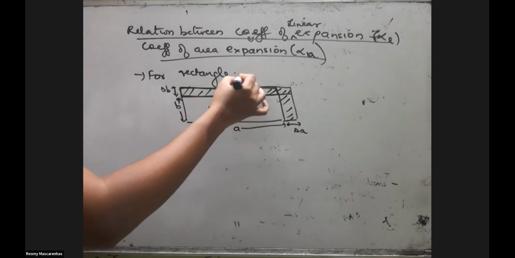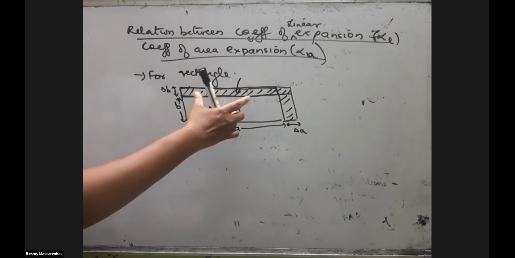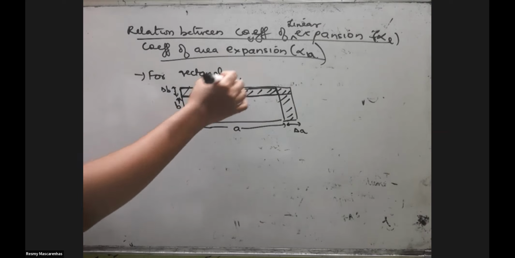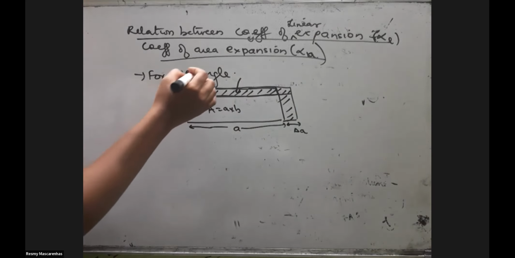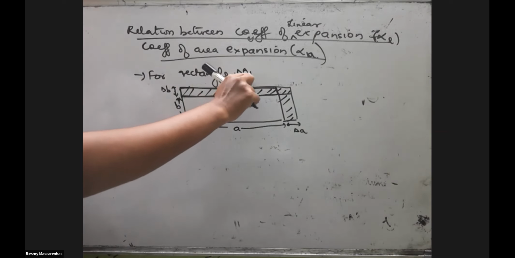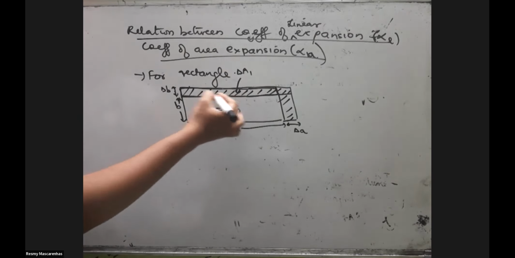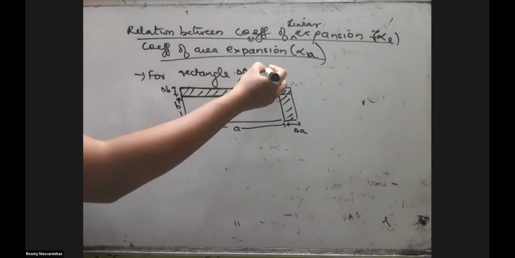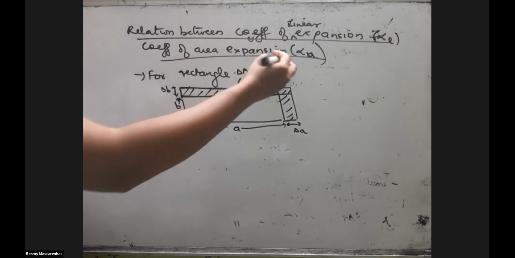Length into breadth. I'll consider it as delta A1, the change in area. How much will it be? Length is A and breadth is delta B.